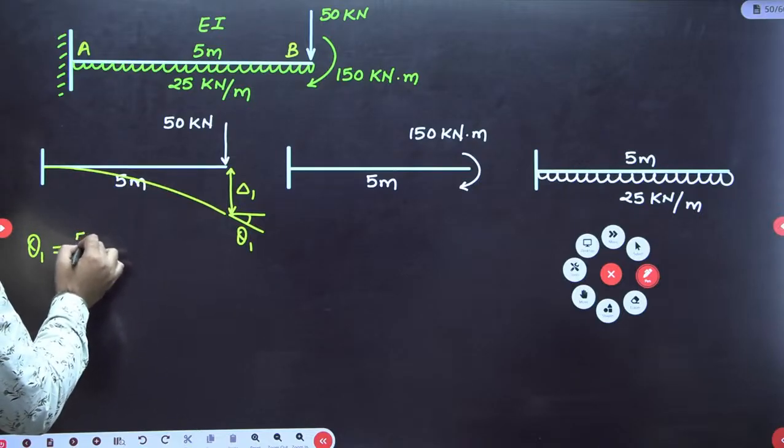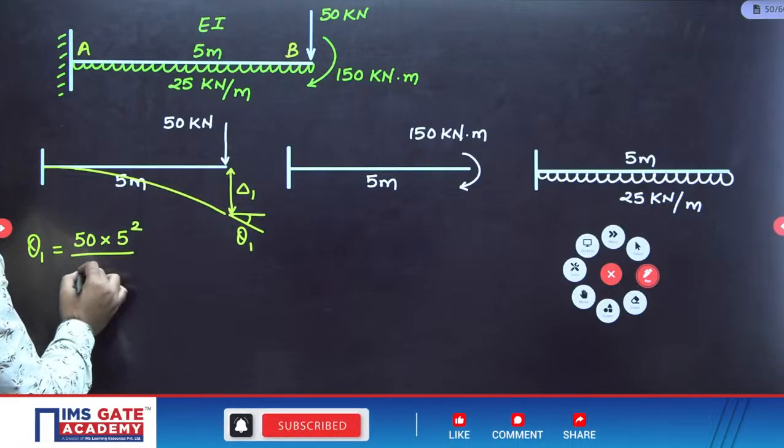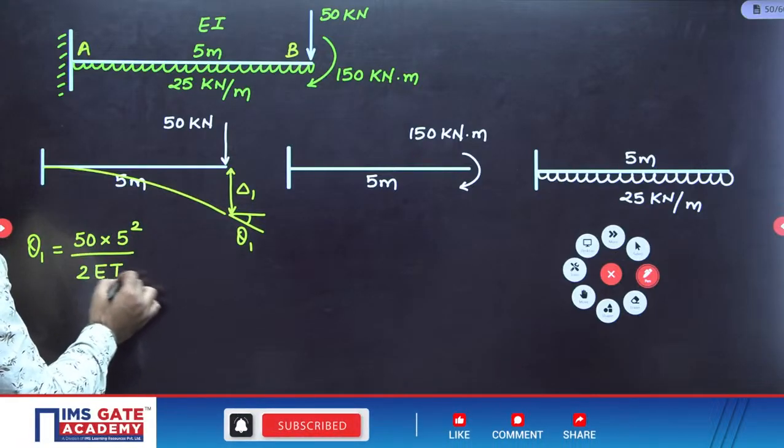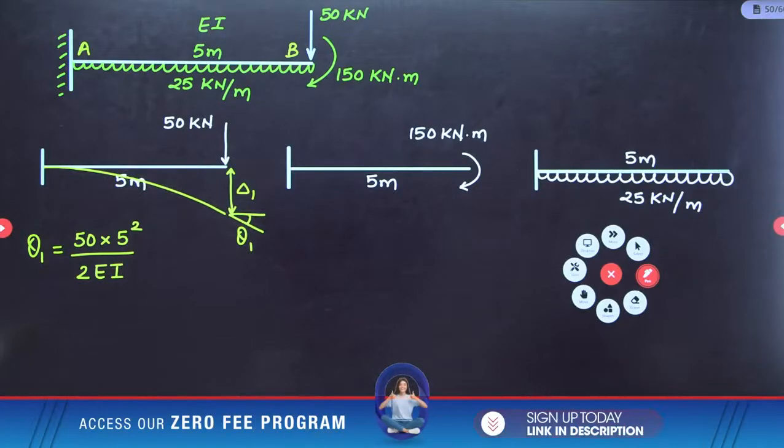So 50 into 5 square divided by 2 EI. That will be the slope due to the point load. So this will be 625 by EI.